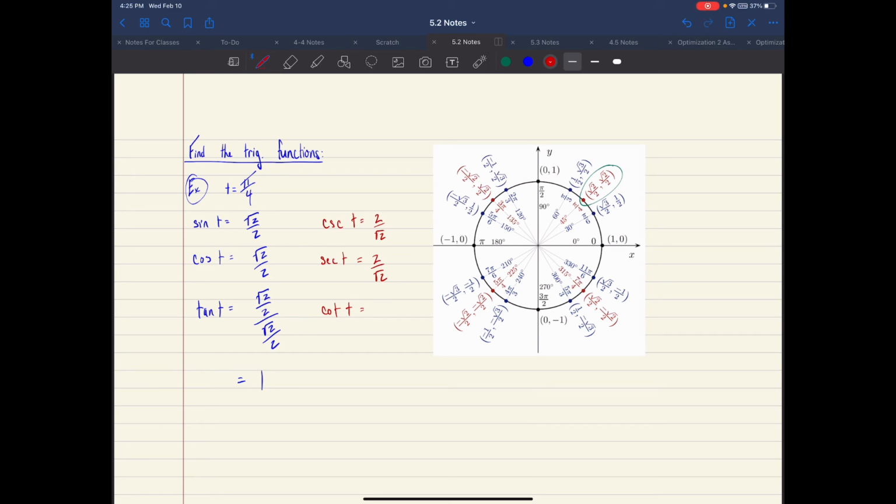So this is 1. For cosecant and secant, we rationalize, so we multiply by root 2. And we get 2 root 2 over 2, or root 2. I'm going to highlight that. And so this, for secant, since it's the same, it would also be root 2.